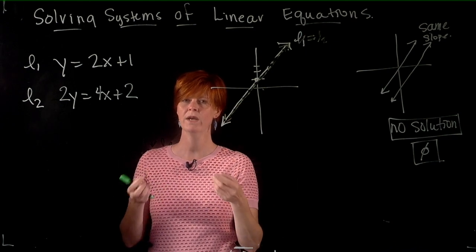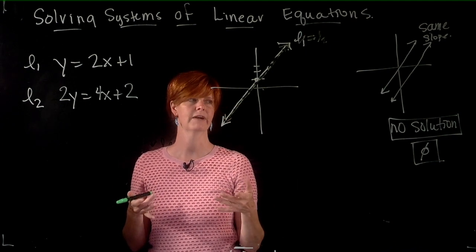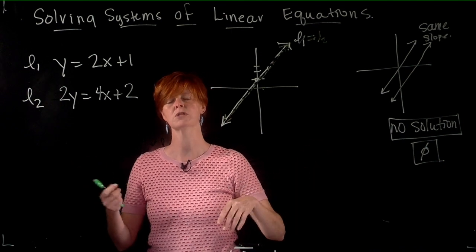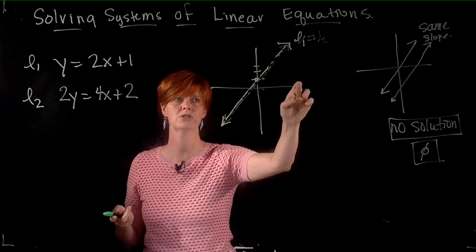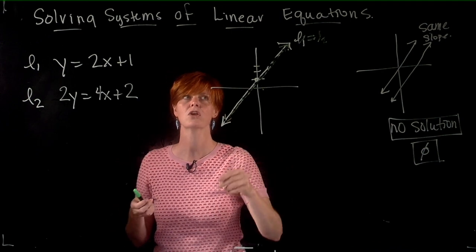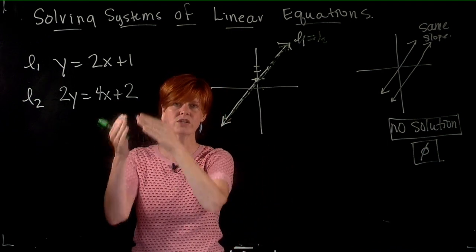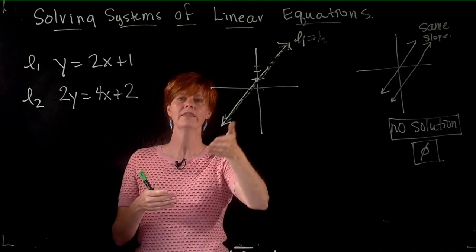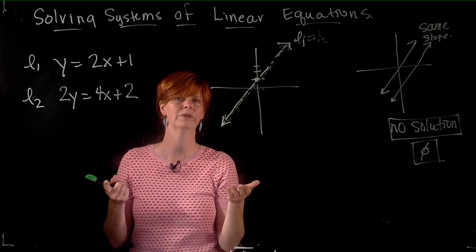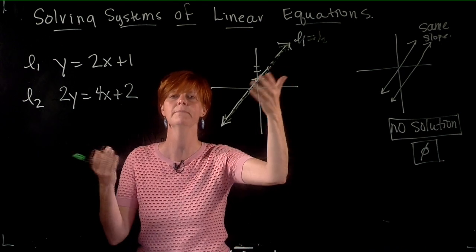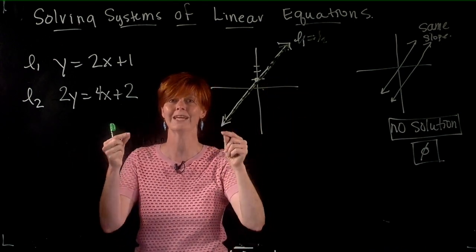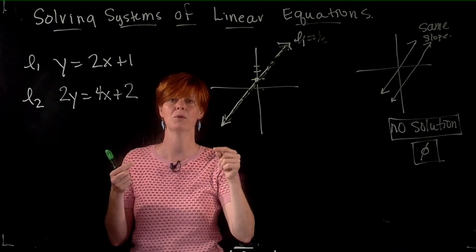So when we had one-dimension problems and you had some funniness, it was no solution or all real numbers. But when you have a two-dimension problem, meaning you have an x and a y, and these equations are the same, the answer is not all real numbers. These aren't even real numbers. What are we playing around with? We're playing around with points, ordered pairs, x comma y's.